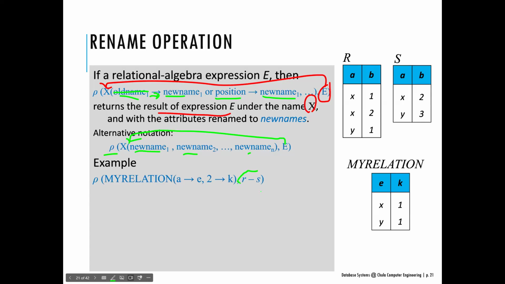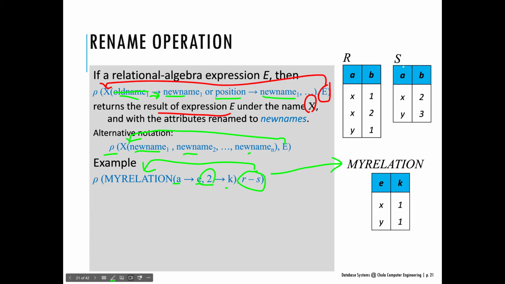I have an expression called R minus S, and I say that when R minus S is done, keep the result in the new relation name called my relation. And also, if there is an attribute called A, please change the name to E. And for the attribute in the second position, change the name to K. The result will be on the right here.